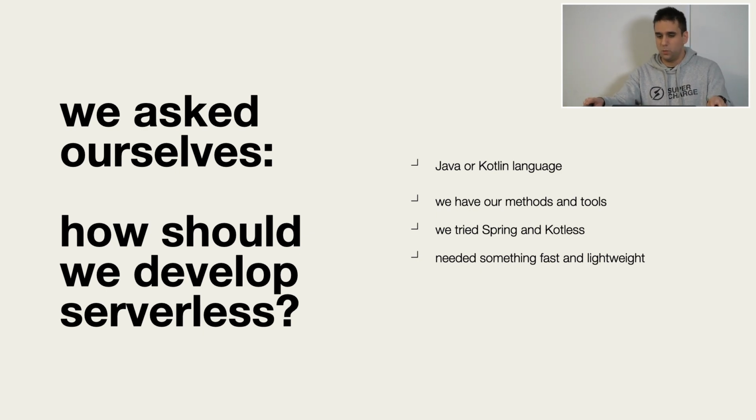They were slow and they are not that great, and Kotlin already got deprecated. It's the JetBrains product, and yeah, it can be used now. Or you can use it, but it's deprecated, so it's not that good. And so we needed something fast and lightweight. Therefore, we have chosen Micronaut.